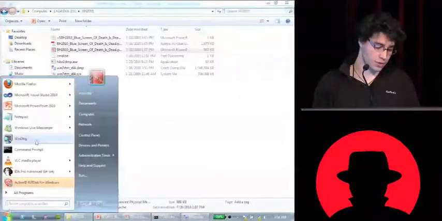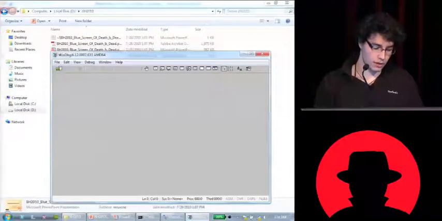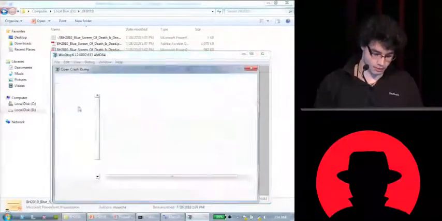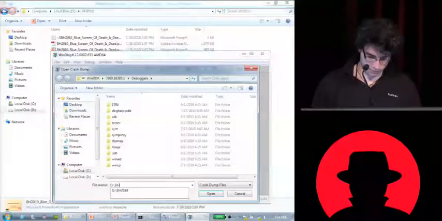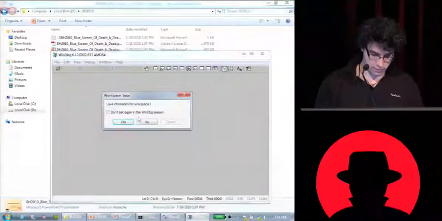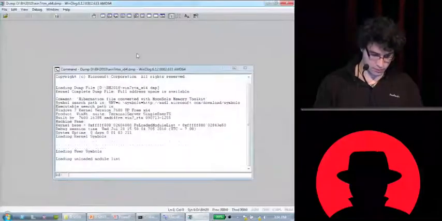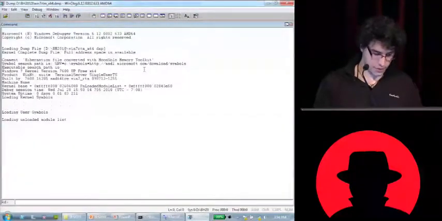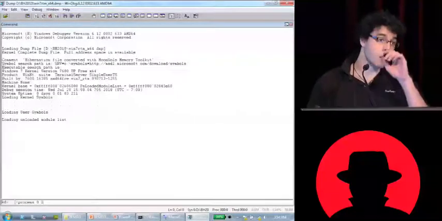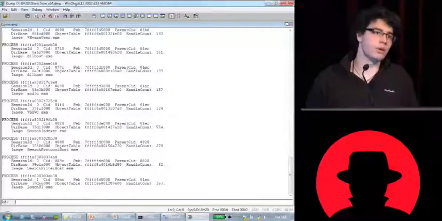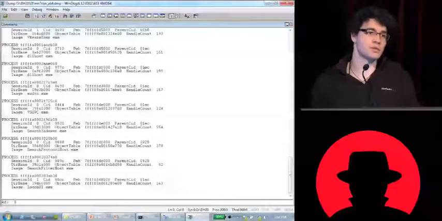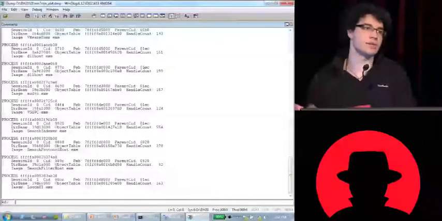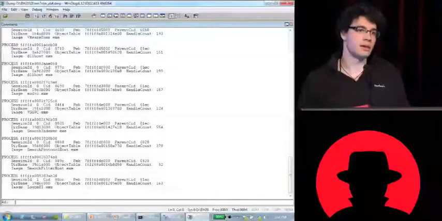If I use WinDbg, as you can see, I can still load the Microsoft Crash Dump in WinDbg, and it works perfectly by using the symbols. So it doesn't have the limitation Volatility has.